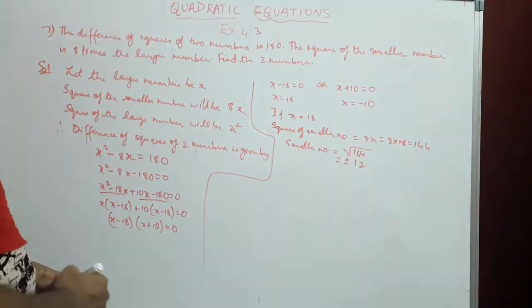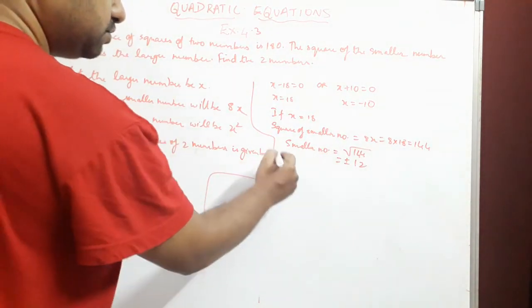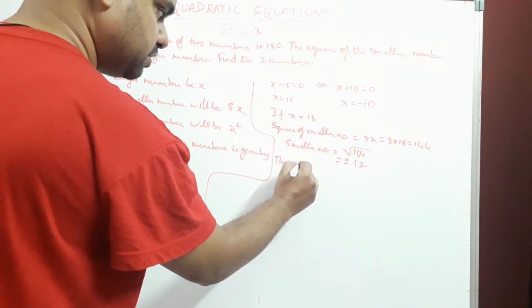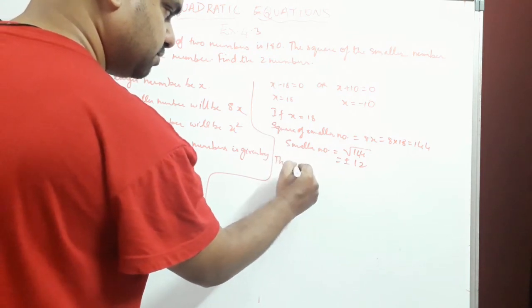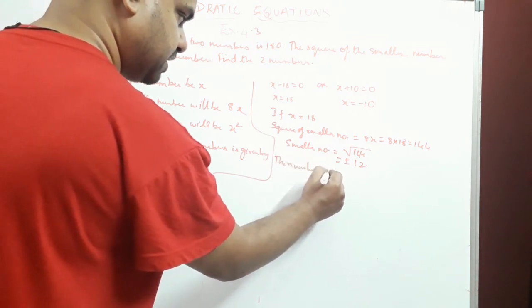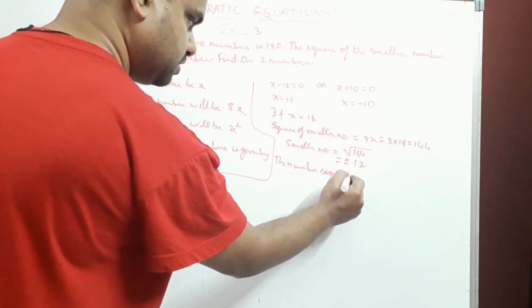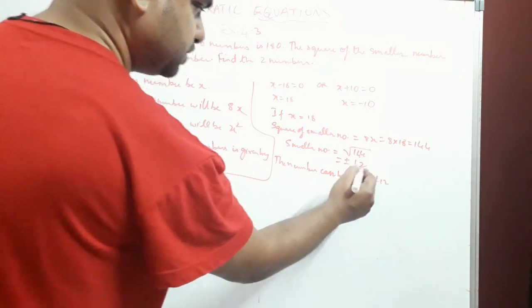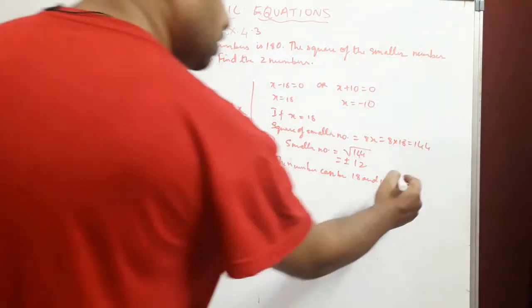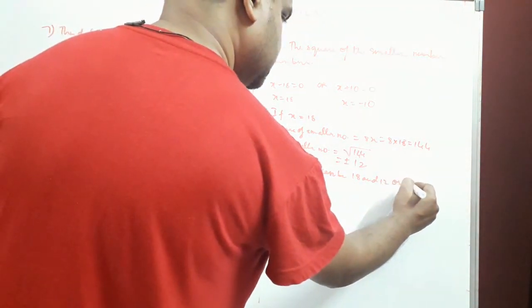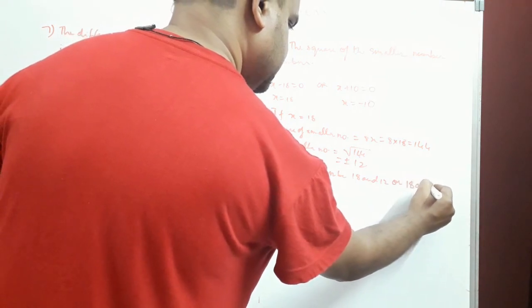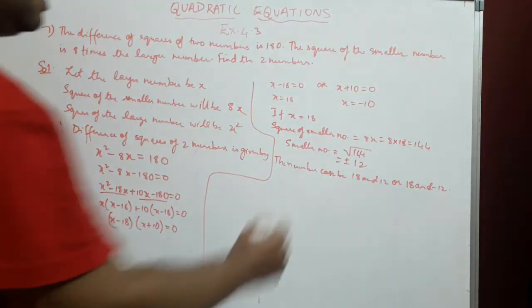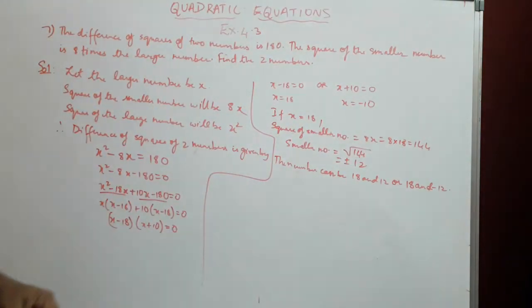As a result of which the possibilities are, I can say the numbers can be either 18 and 12, so positive 18 and positive 12, or 18 and negative 12. That is in the first case, that is if x is equal to 18.